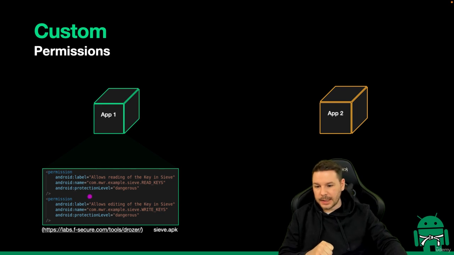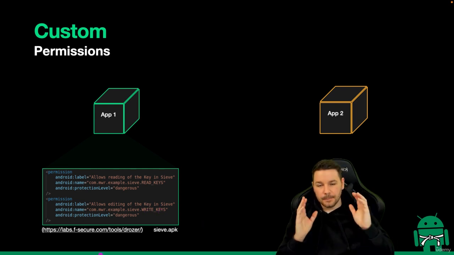Okay. Underneath, we have another custom permission. Here we have permission, Android label, allows editing of the key in Seev. And this means we can write to this table right now. This is the name. Here we have now write keys. Over here it was read keys, now we have write keys, and here once again we have this protection level.